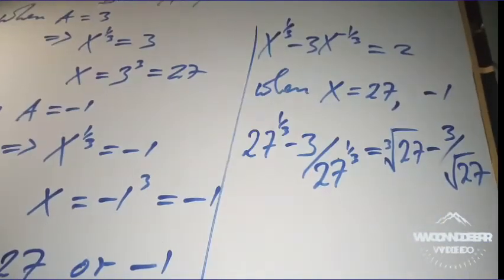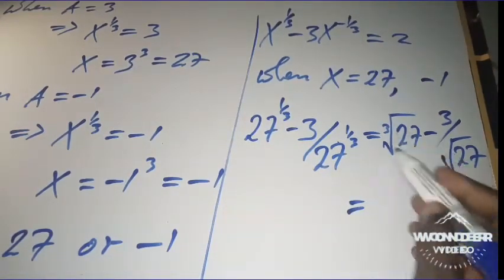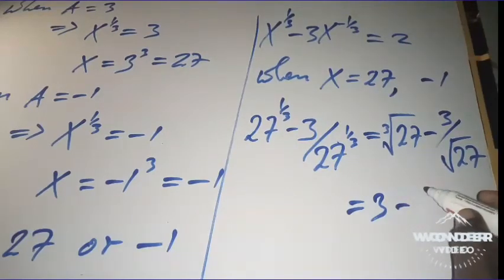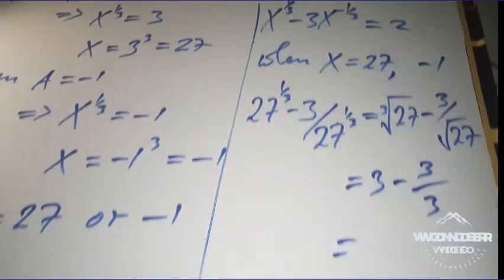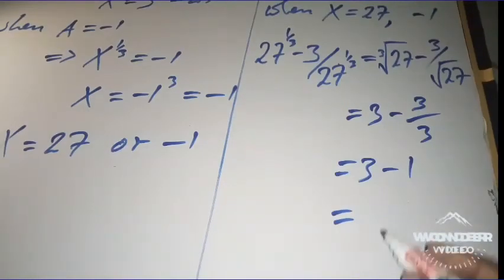The cube root of 27 is equal to 3. So minus 3 over 3, the cube root of 27 is 3. Therefore here we have 3 minus 1, which is equal to 2, which satisfies the equation.